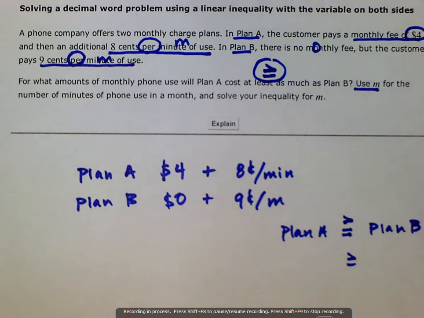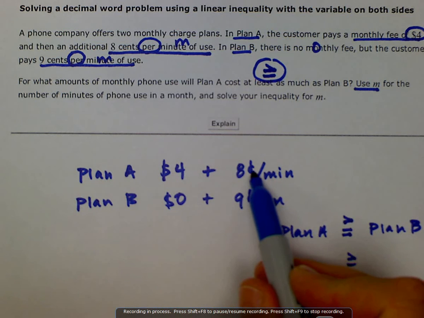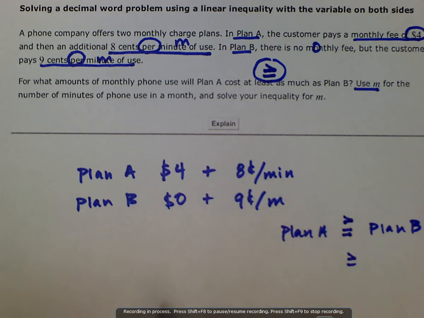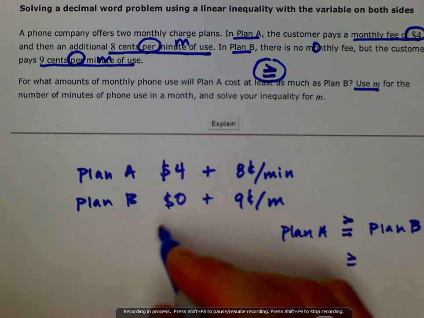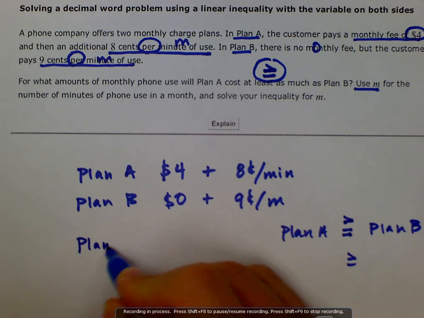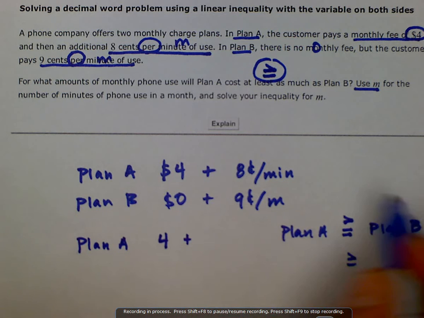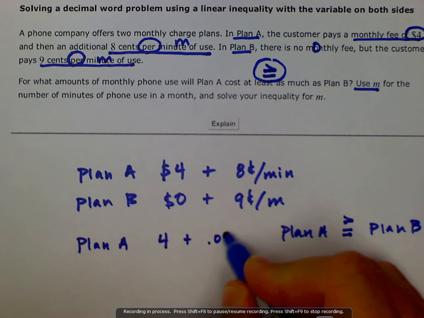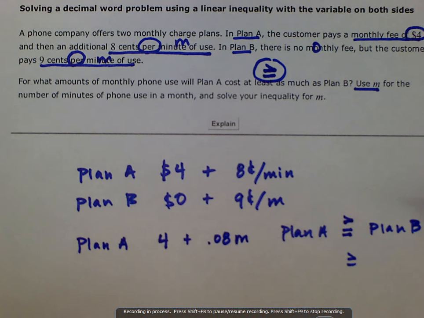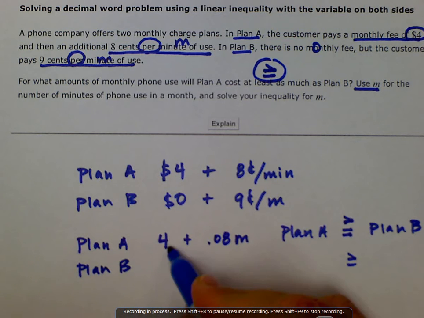Okay, so let's look at it. Here, notice we're dealing with dollars and we're dealing with cents. So we want to make the units the same. So instead of having cents, let's make this dollars. Let's make an expression for Plan A. It'll be $4 plus $0.08, or 8 cents, per minute, M. And then Plan B is going to be 0 for our flat rate.